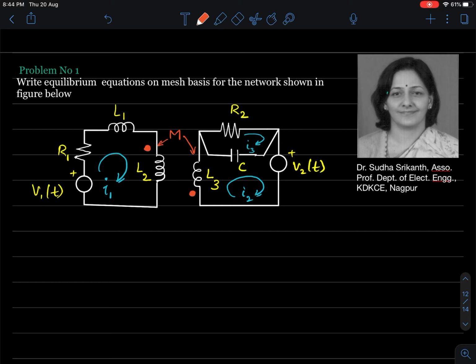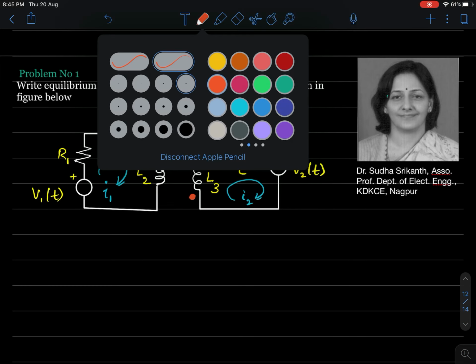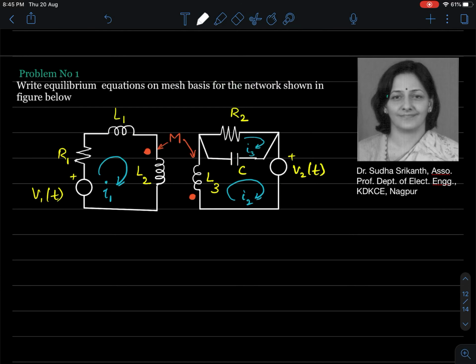So in order to solve problems of this nature on mesh basis, we need to have a clear understanding of KCL and KVL. Of course, that happens to be the fundamental requirement, KCL, KVL, and how to write mesh equations by inspection. This knowledge is helpful. And another important knowledge that is helpful in dealing with problems of this nature is dot convention.